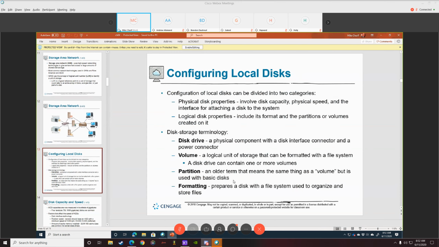A mechanical drive you can buy 1 terabyte now for maybe $50 or $60. If you want to buy 1 terabyte of SSD, it's maybe about $200 or so, and now it's cheap compared to a couple of years ago.